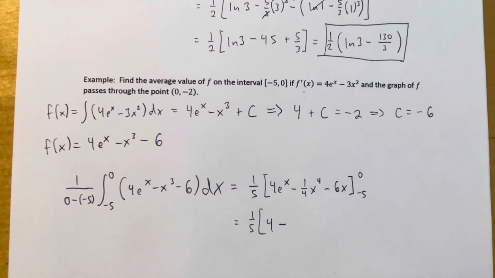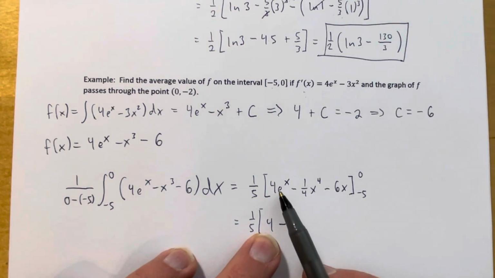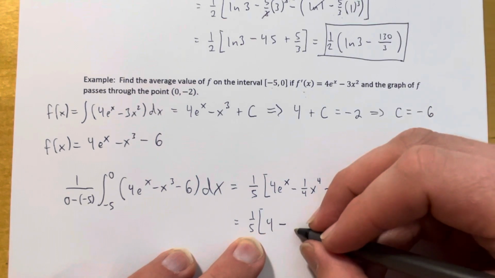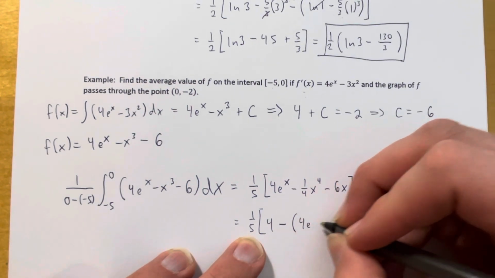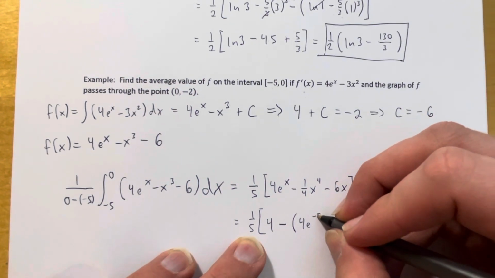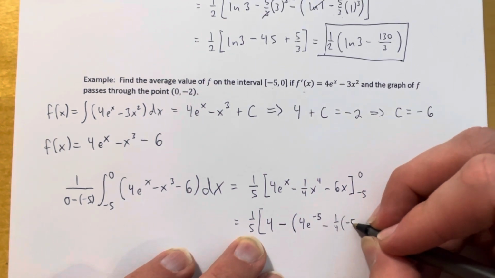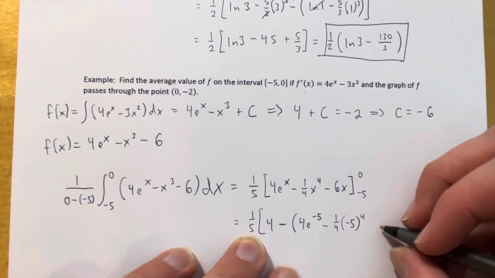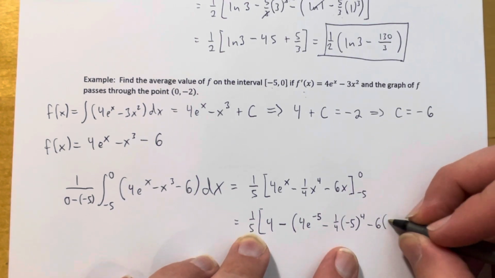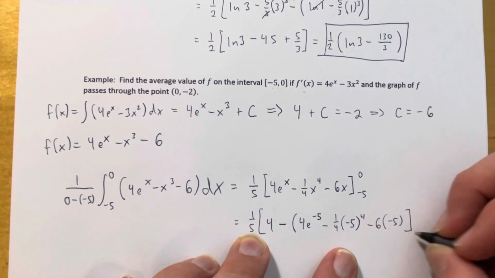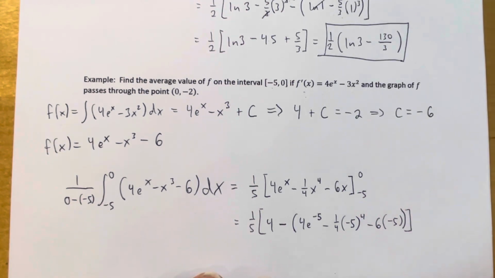So now we've got negative 4e to the negative 5th power. Remember, put parentheses around that. Minus 1/4 negative 5 to the 4th power minus 6 times negative 5. Okay, and we just need to work this out.